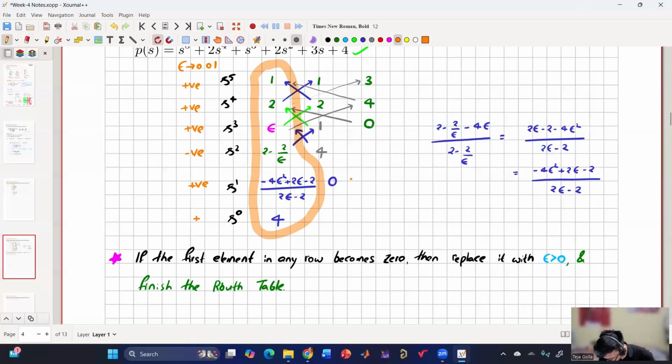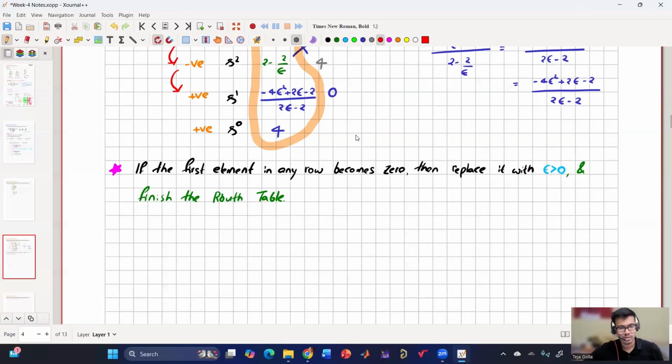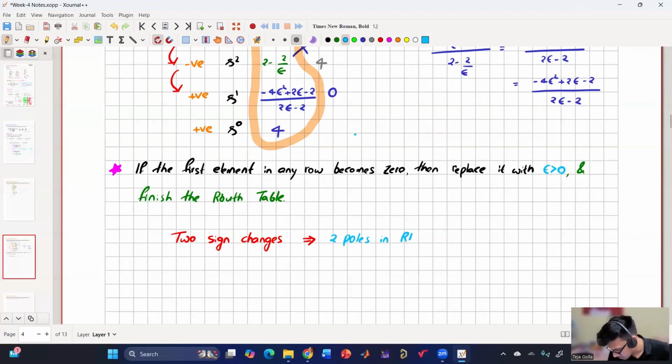But it is positive. This is also positive. So how many sign changes are there? Here positive to negative and negative to positive. So two sign changes are there, right? Yes, sir. So we can say that there are two sign changes, which means how many poles in the RHP? Two poles in the right half plane. So the system is stable or unstable?